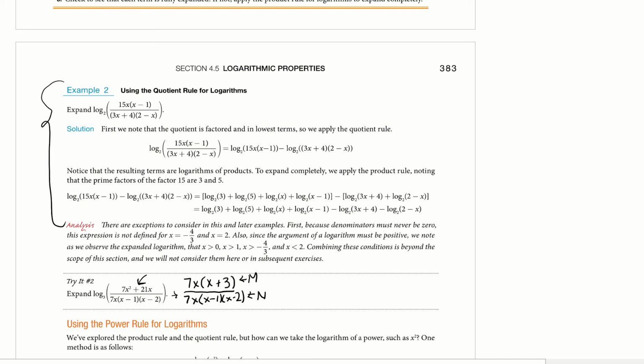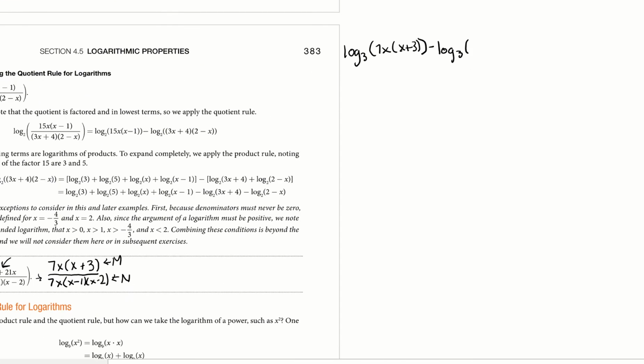So remember, it's going to be log m, which is log base 3 of 7x times x plus 3, minus log base 3 of 7x times x minus 1 times x minus 2.